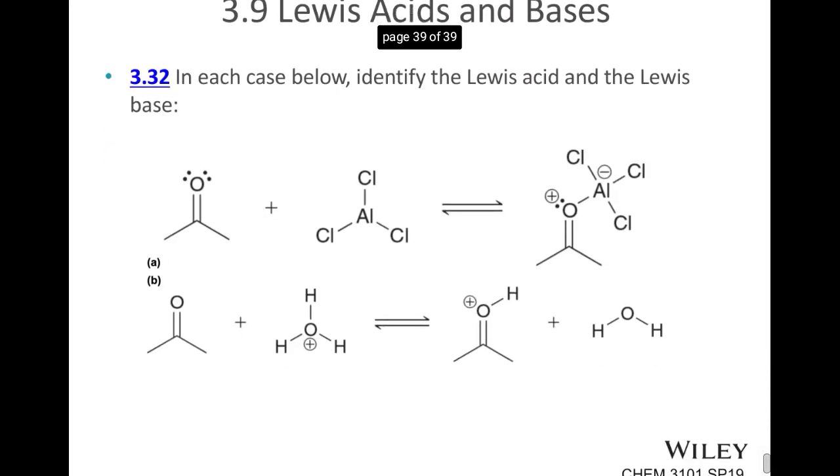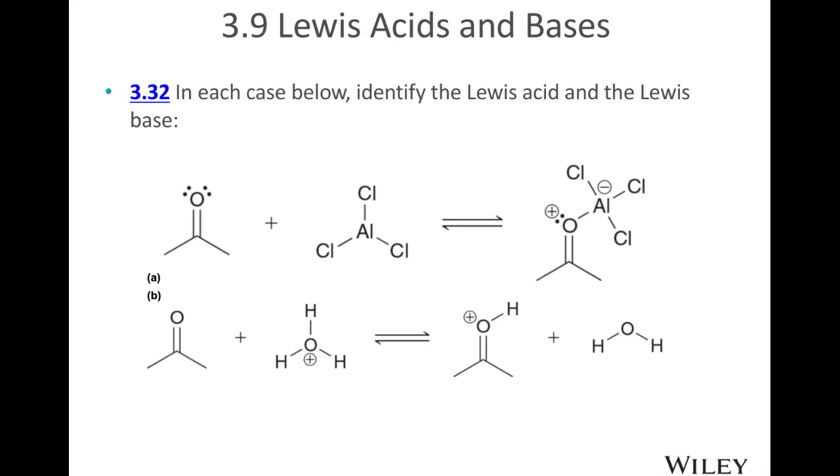So let's see here. This is the last slide. This is question 3.32. It says, in each case below, identify the Lewis acid and the Lewis base. I think the first thing to do here in A is to start by drawing the curved arrows. I can see that I have my aluminum trichloride, and I have this molecule here, this ketone, that's called acetone. If I draw the curved arrows, you can see that I made a sigma bond between the oxygen and the aluminum here.